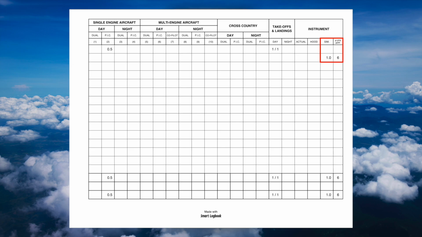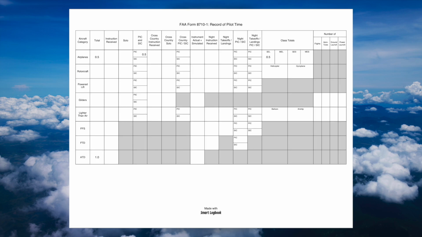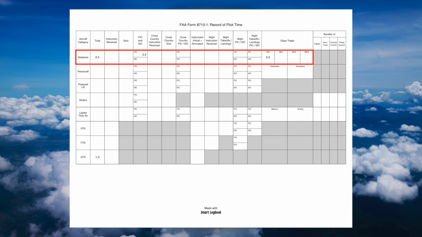So lastly, let's take a look at another FAA format, and this is the Form 8710-1, which is used for IACRA reporting purposes. Now the flight time here is kind of grouped in a couple of different ways. Each row here represents a different category of aircraft. And so, for example, we have the first one here, the airplanes row, and that's where we're going to find that 0.5 hours of actual flight time from the flight that we logged.